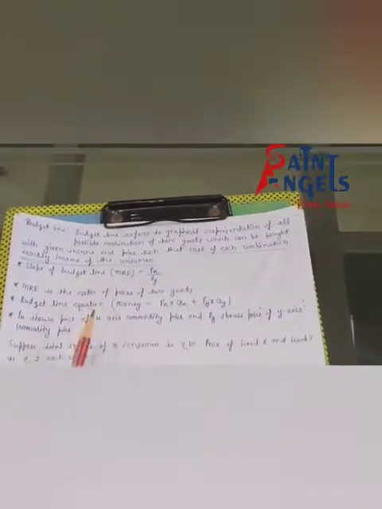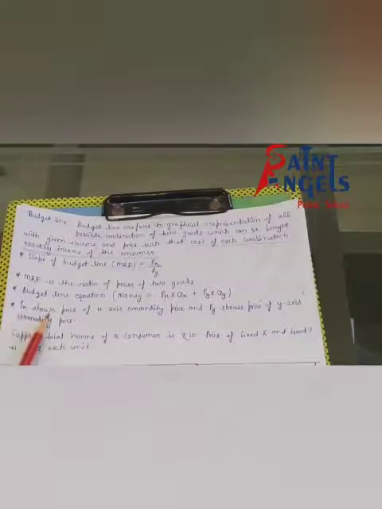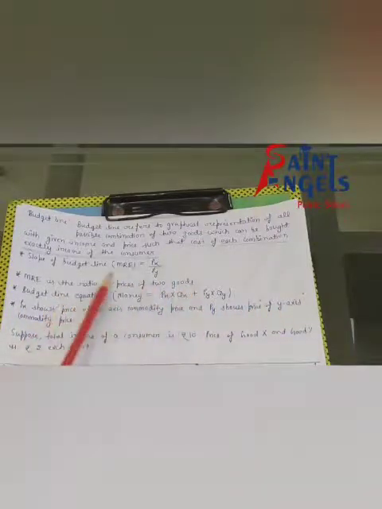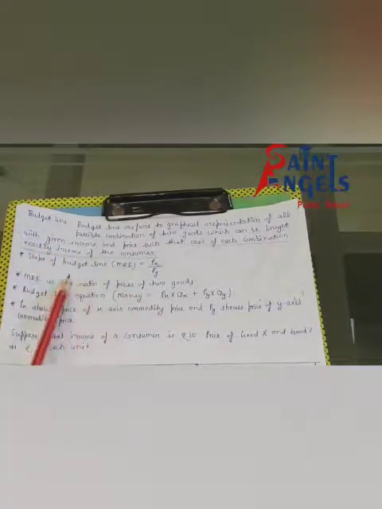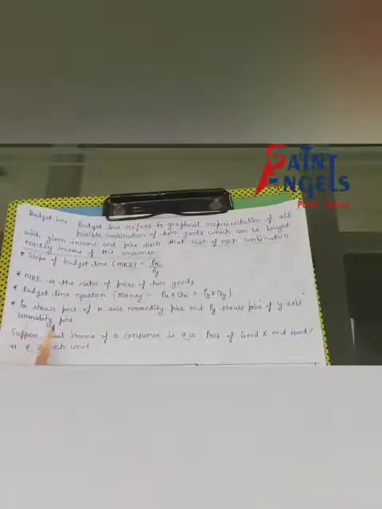See after this, Px shows the price of the x axis commodity, and Py shows the price of the y axis commodity. I hope all of you have understood what I am saying about budget line, or we can say what we have discussed. Suppose the total income of a consumer is rupees 10.